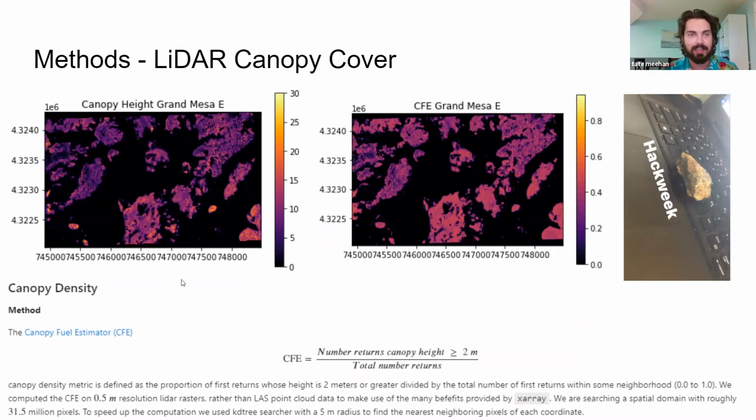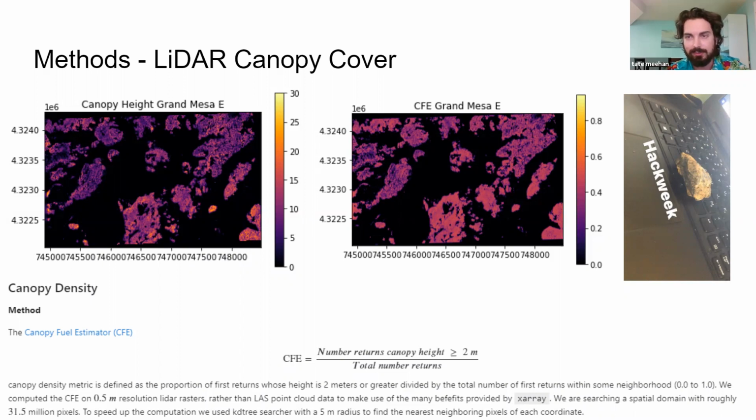From the canopy height data, we use this metric, which is known by a few different names. It's called the Canopy Fuel Estimator, which is a U.S. Forest Service methodology. Essentially, moving through all of the points in a window, it shows a radius of 5 meters. You calculate the ratio of canopy above 2 meters versus the total number of pixels in the image.